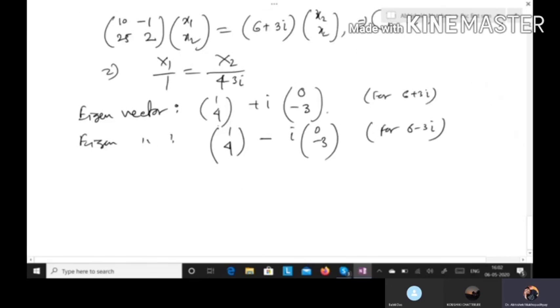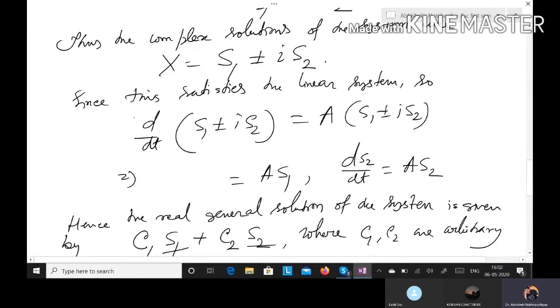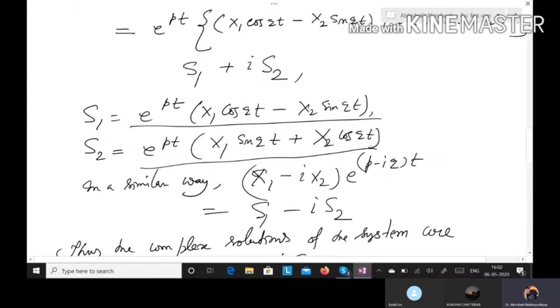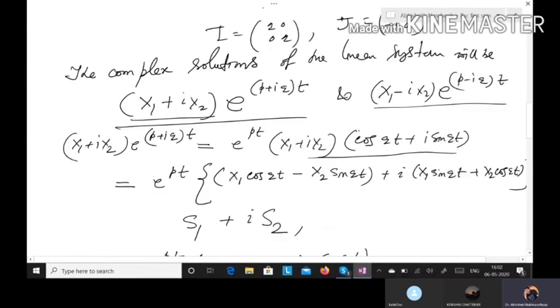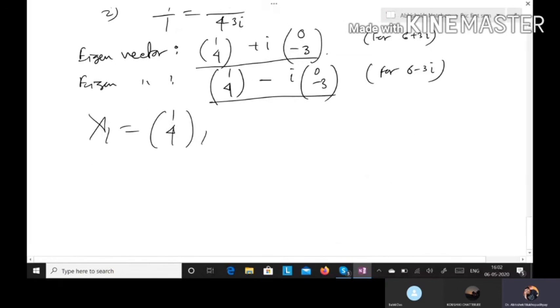So thus these are of the form x1 plus minus ix2. So here x1 is (1, 4) and x2 is (0, -3). And if we remember the notations in our discussion, we see that P is the matrix [x1 x2], so P is [1, 0; 4, -3]. So P inverse AP is the matrix [p, q; -q, p].